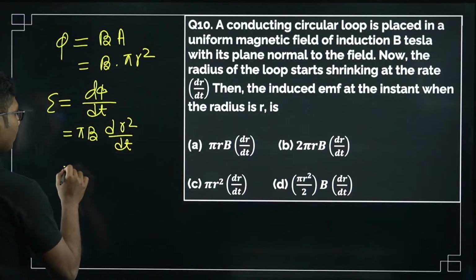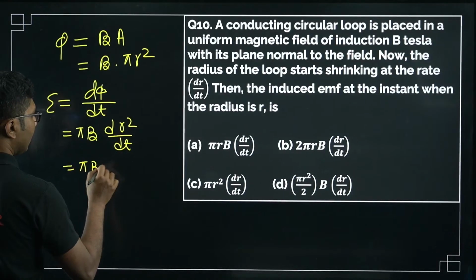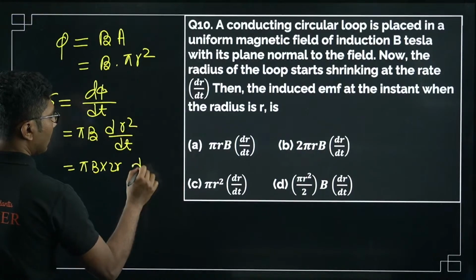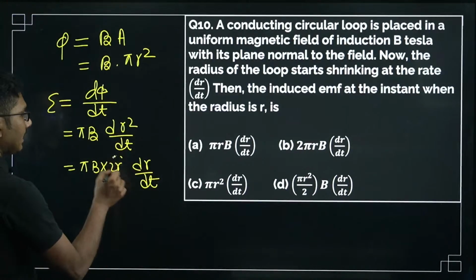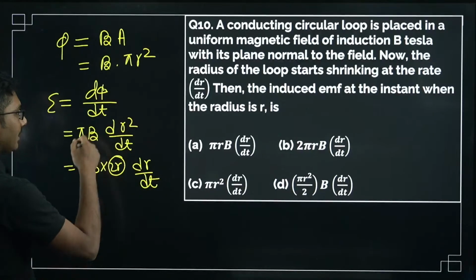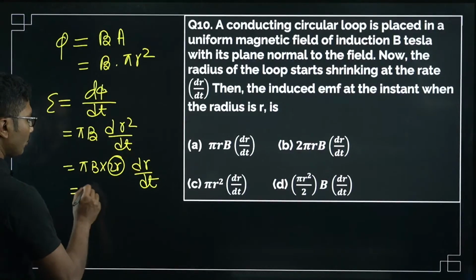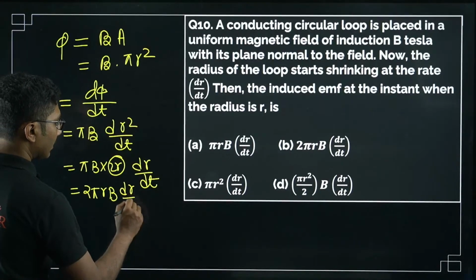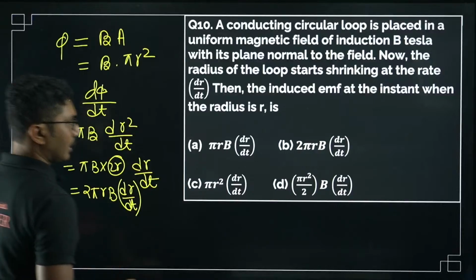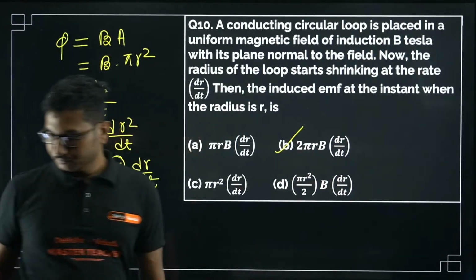So pi B into 2r into dr by dt. This is how we do the differentiation. r is only changing, but magnetic field and pi are constant. So 2 pi r B dr by dt. This is the answer. So the correct answer is option B.